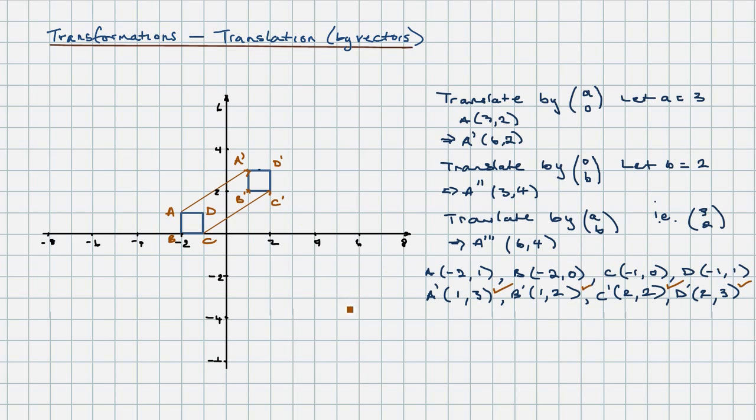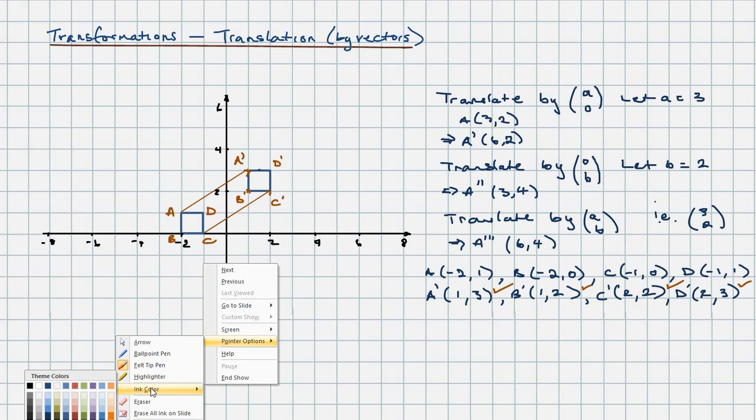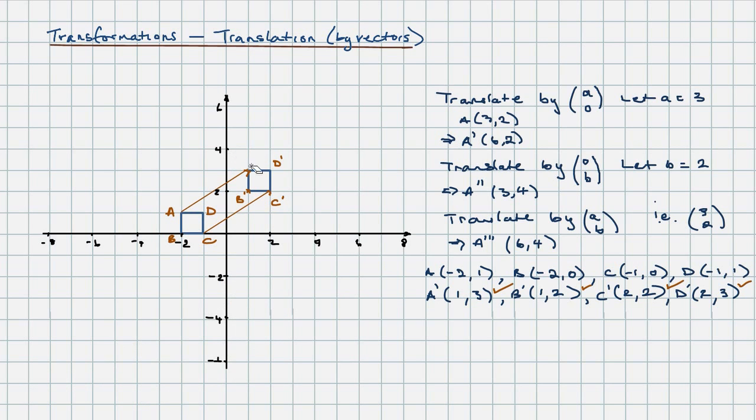Okay, let's finally, on this part, let's try a different shape. And this time what I'm going to do is draw both shapes, and see if we can work out what the translation vector is going to be.